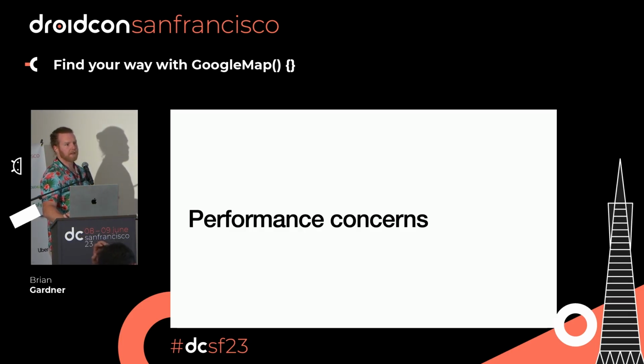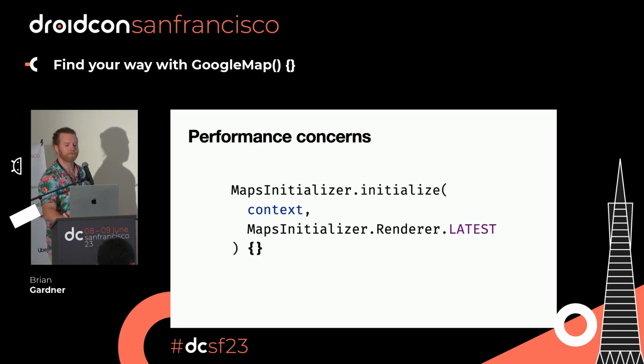So doing some digging, one thing you can do is specify the map renderer that you want to use. You can also do this with the framework map view, but I think the benefits are just a little more apparent in the Compose version. What that looks like is you call the map initializer and say, hey, please initialize with the latest renderer.